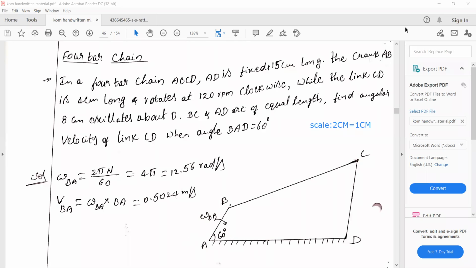Later, when we have placed the AD, we are going to draw the crank AB. The crank has some inclination with the AD, that is angle BAD equals 60 degrees.